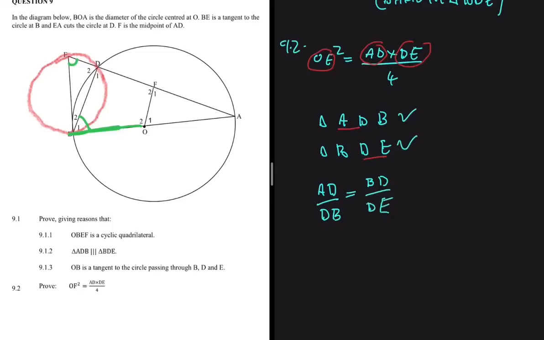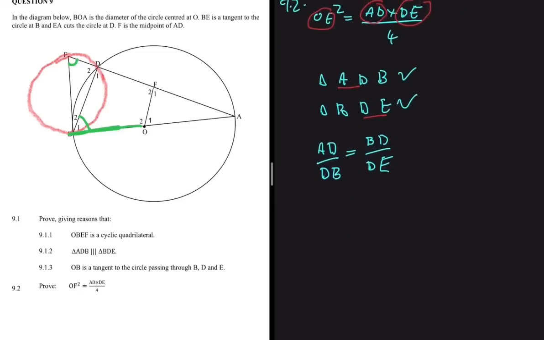The sides will be in proportion because the two triangles are similar. And we must state here that we're saying that because we know fully well that triangle ADB is similar to triangle BDE, right? So now we can cross multiply, and we get DB squared is equal to AD multiplied by DE, because look here, DB is just BD. So we can just say DB squared is equal to AD multiplied by DE.